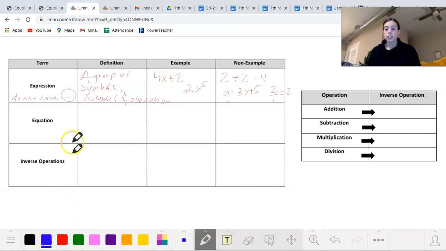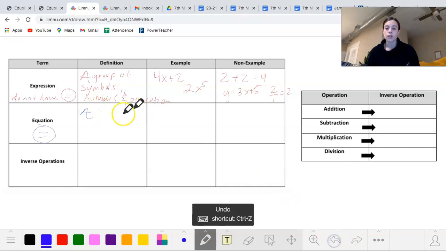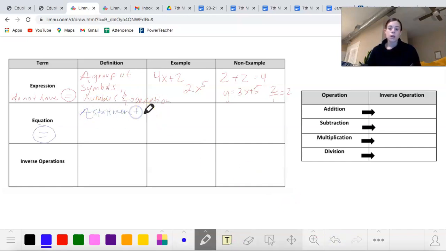An equation, of course, does have an equal sign. It is a statement where two expressions are equal.